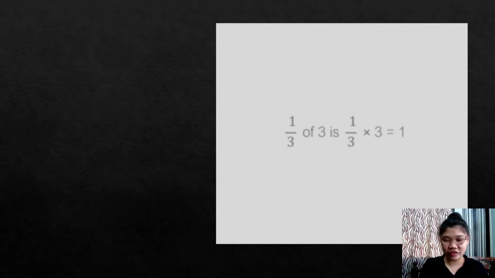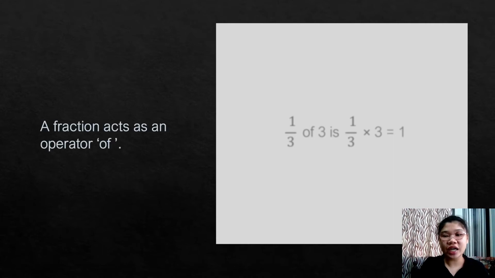Next, we have here that a fraction acts as an operator of. So, for example, we have here 1/3 of 3. If you were asked, what is 1/3 of 3? What you have to do is multiply, so 1/3 times 3 is equal to 1.